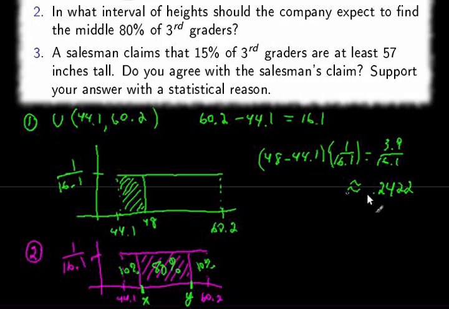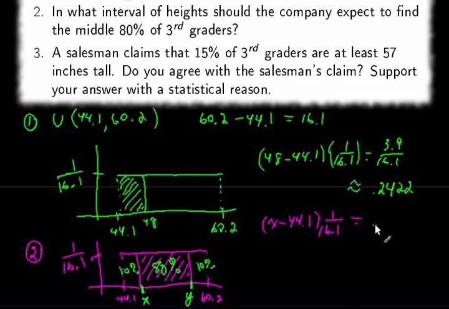We'll find these two by doing something very similar to this. We can find those numbers by setting the area of the rectangle equal to its height times width. So in this problem we have x minus 44.1, that's the width of this rectangle, times its height, 1 over 16.1, has to be equal to its area.